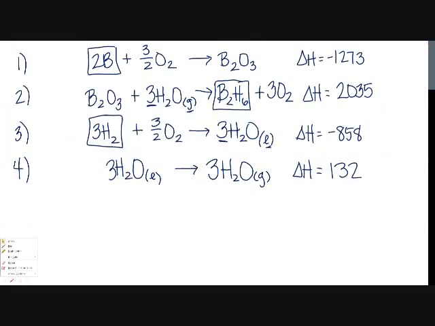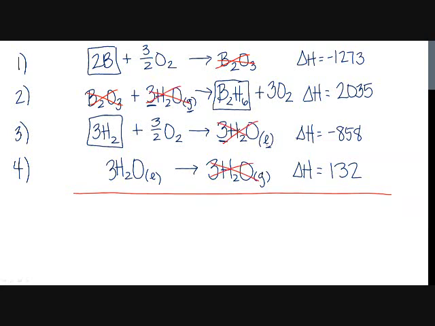Okay. I will change the color of my pen so that we can see things in a different light. Let's try to cancel some stuff out. So the B2O3 right here will cancel with this B2O3. That's good. And then we talked about how the 3 H2O gas will cancel out and the 3 H2O liquids will cancel out.